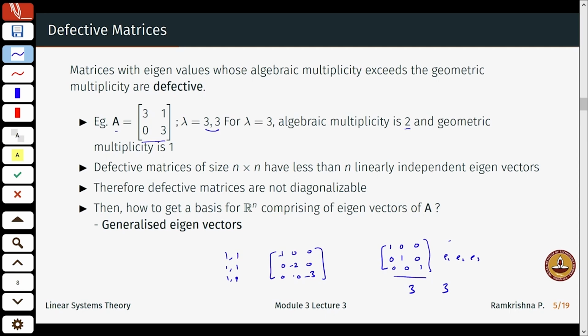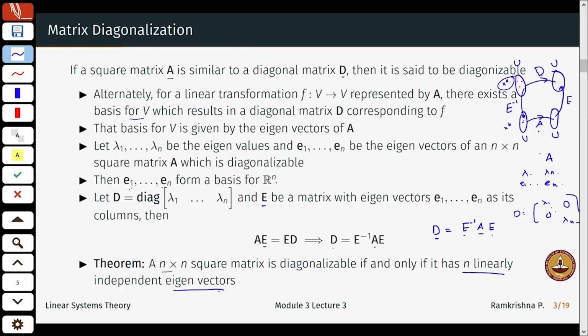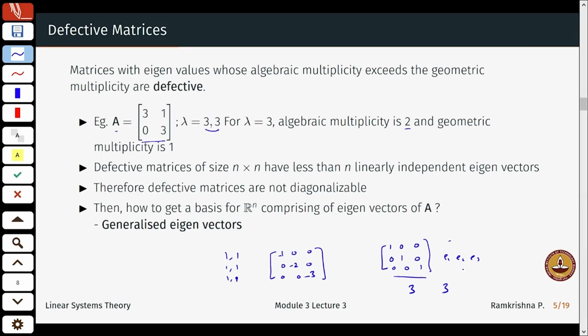Okay. So defective matrices. All these matrices which we considered in the previous sections were square matrices, and we could generate n linearly independent eigenvectors out of those, such that those eigenvectors can span the n dimensional space. Okay.